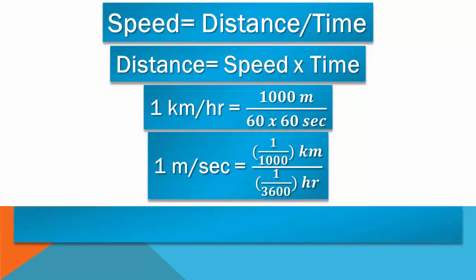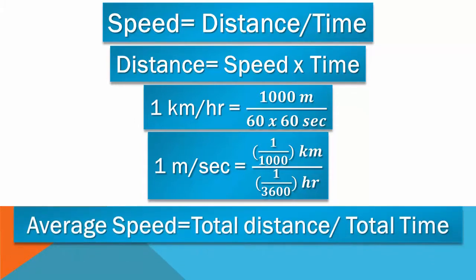Now let us get introduced to a new formula, average speed equal to total distance by total time. For example, you are traveling 5 kilometers in 1 hour. In the next, that means the second hour, you are traveling 3 kilometers.